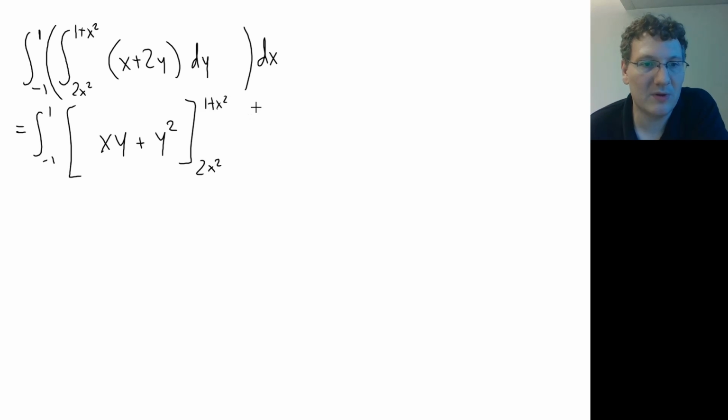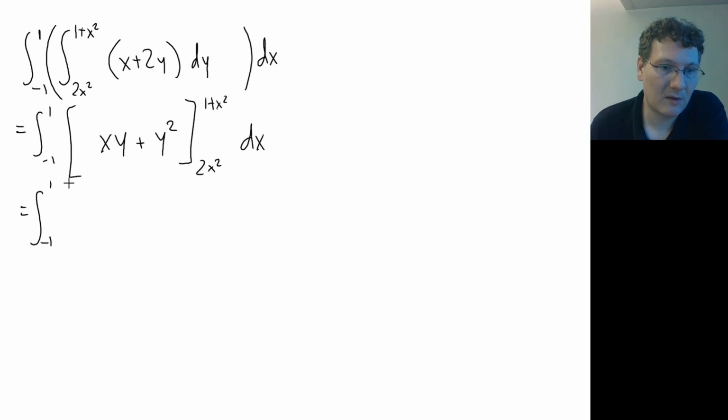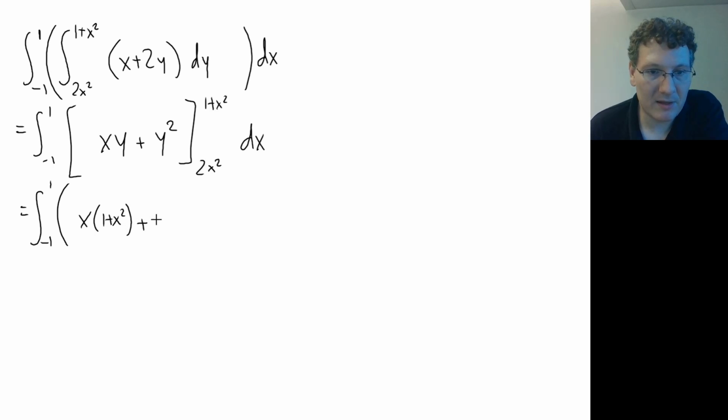Just as we would with a definite integral, we're going to evaluate this at the upper bound minus the lower bound, but now we're going to have some x's popping up. With the upper bound 1 plus x squared, it's going to be x times 1 plus x squared plus 1 plus x squared squared.